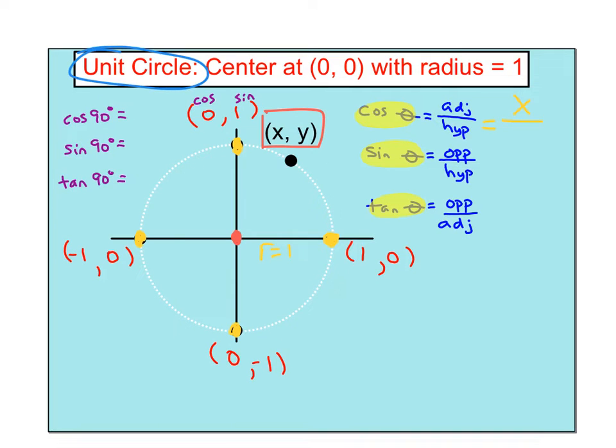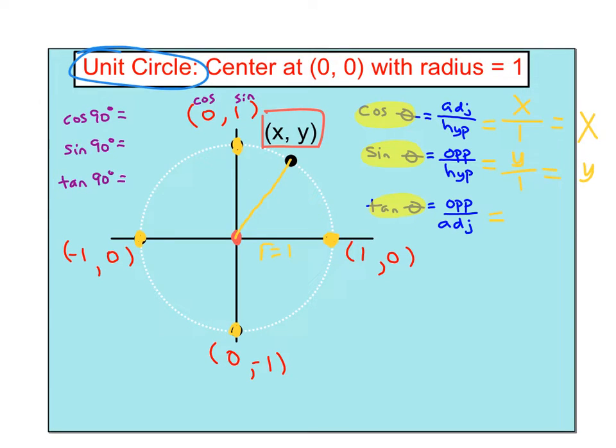And here's the cool thing: the hypotenuse is always going to be the radius of the circle, which for the unit circle is just always 1. The reason that's nice is because what is x divided by 1? It's just x. The sine of any angle formed will be the opposite side length, which will be the y-coordinate of the point, over 1, which is always just y.